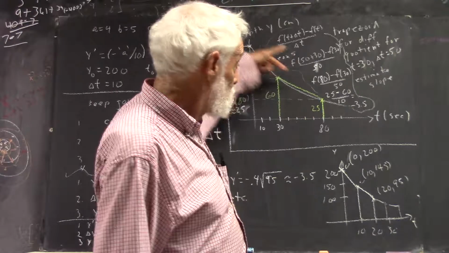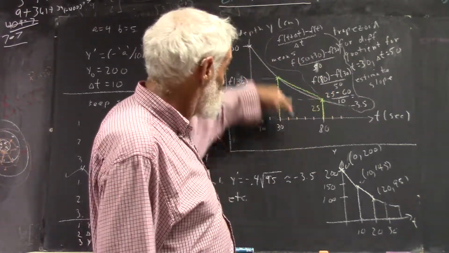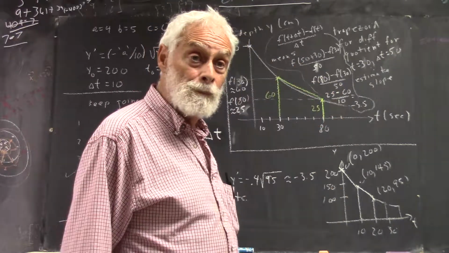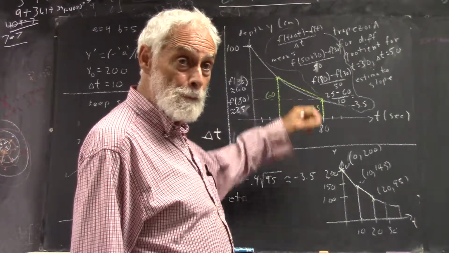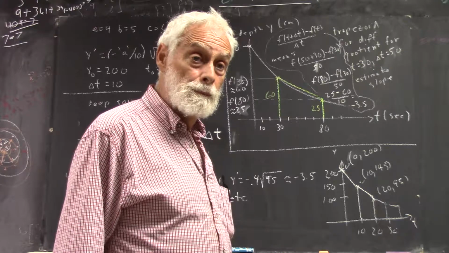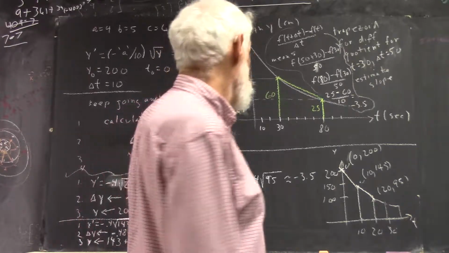The slope of the curve keeps changing, but the average slope is going to be that of the trapezoid on this interval. So we just label the trapezoid.